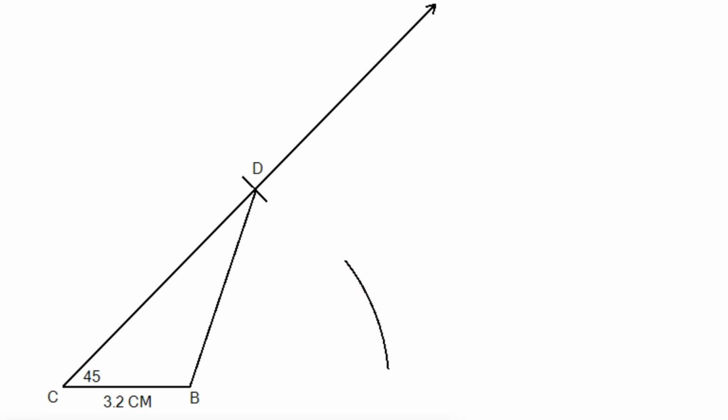I'll consider radius 5. Draw arcs on both sides of segment BD. Then consider D as center and with the same radius, now don't change the radius, draw arcs intersecting the first two arcs at P and Q.